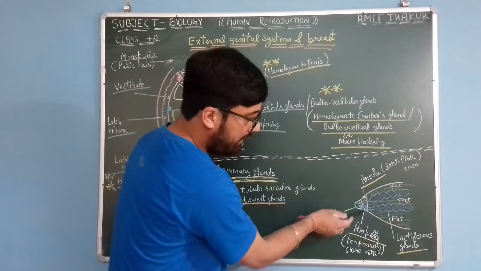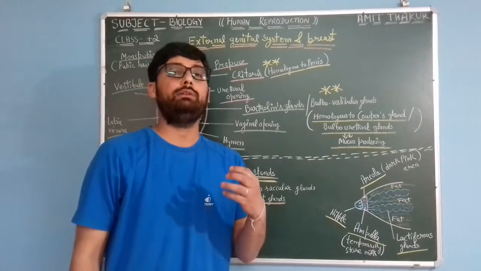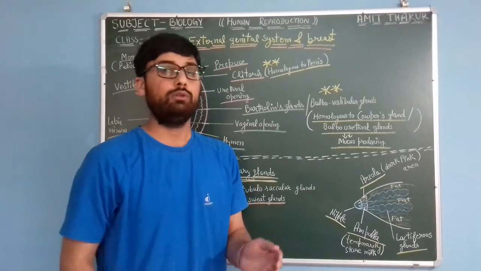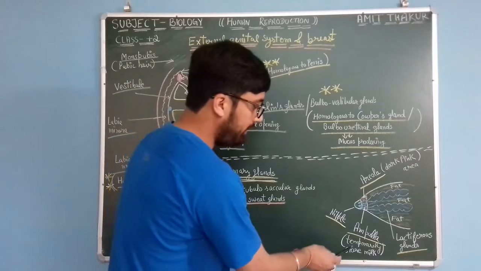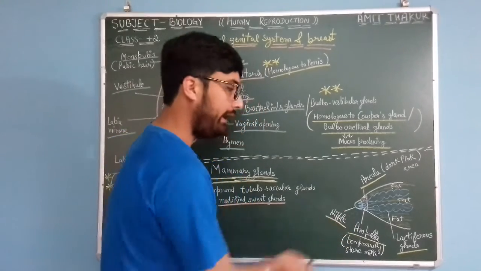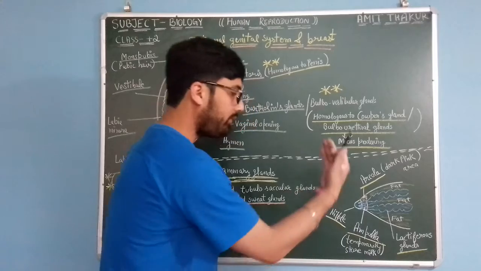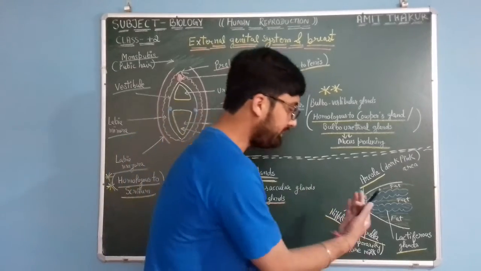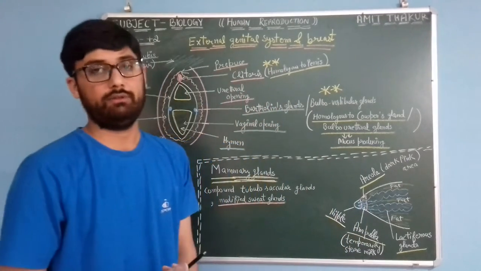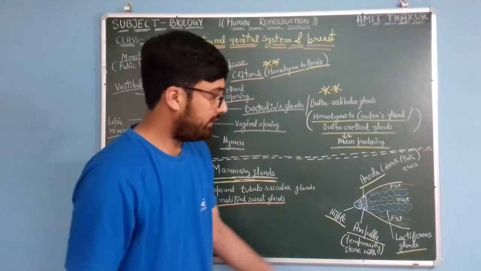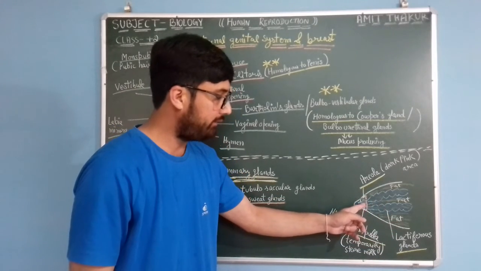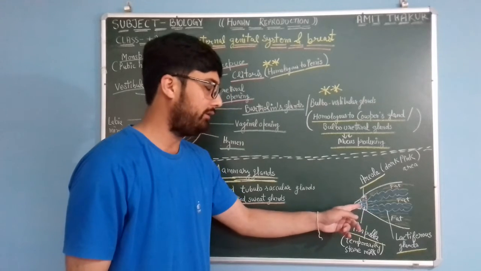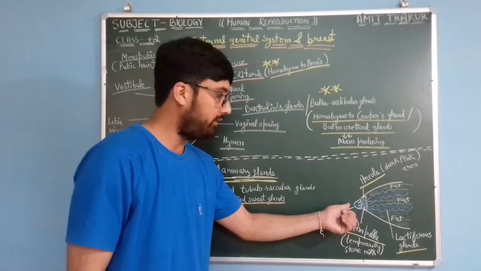In this ampulla, the milk is stored temporarily, for some time, and then is forcibly ejected outside through the nipples. So these are the lactiferous glands, and this is the ampulla part where milk is stored temporarily and ejected through the nipples.